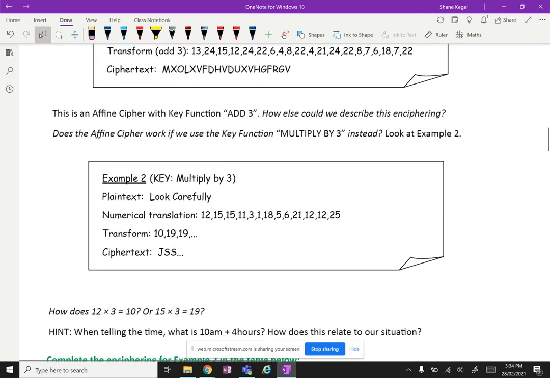That then branches over to example 2, this one here, where we're multiplying by 3. So now we're looking at more complex methods, or more complex math, in order to decode our messages.